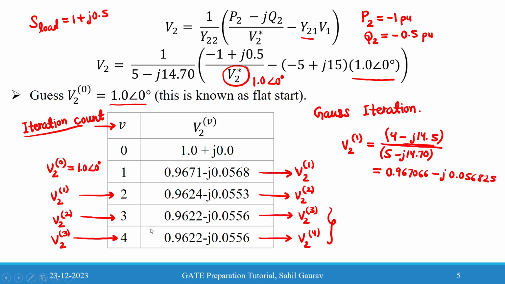So we don't assume 0.5 or 0.2, 0.3 like that, because whatever the voltage at the buses, it is moreover close to this value. That's why we take this.